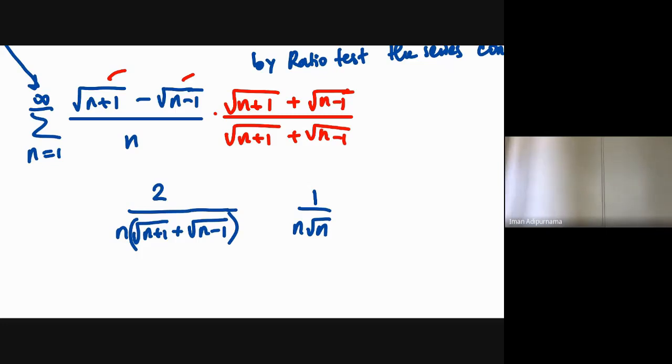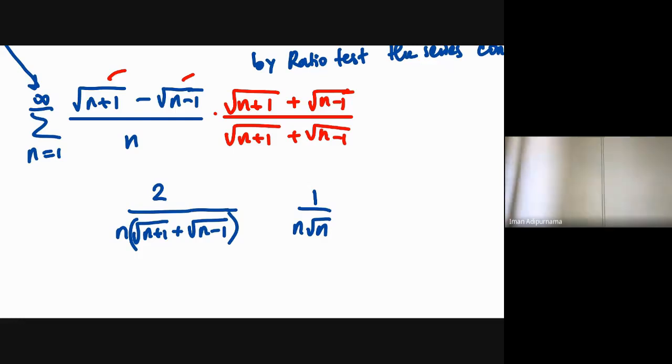What we can do, if you try to find a direct comparison test, maybe you need to test to prove whether this is greater or less than this. But to avoid that calculation, we can just use the limit comparison test. So the limit of the sequence divided by the sequence.